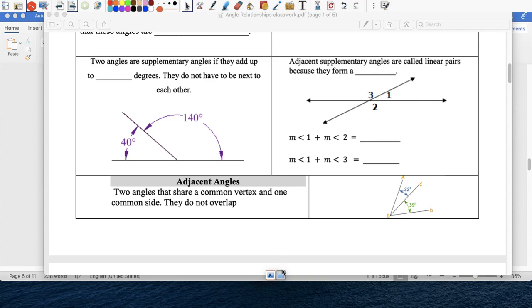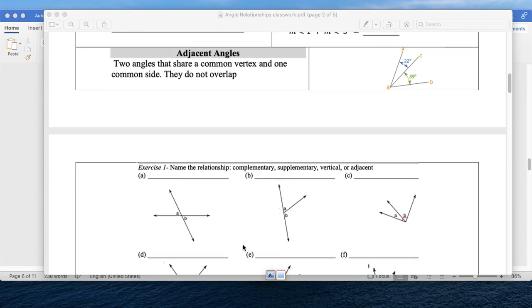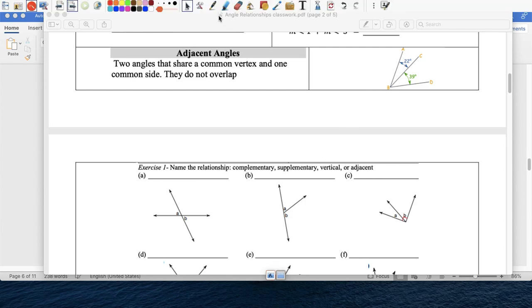So adjacent angles, just a definition here. These two are adjacent. They don't add up to anything. That just means that they share two things, the vertex here, and these two angles share side C right here.